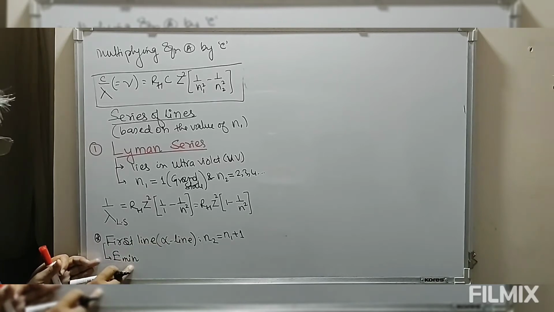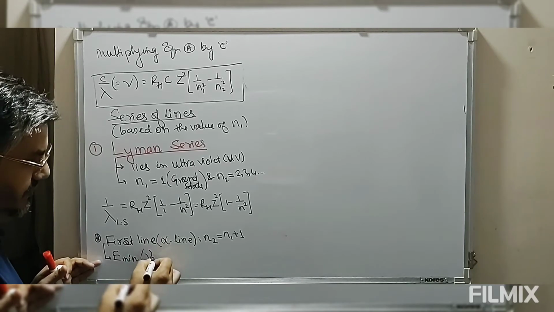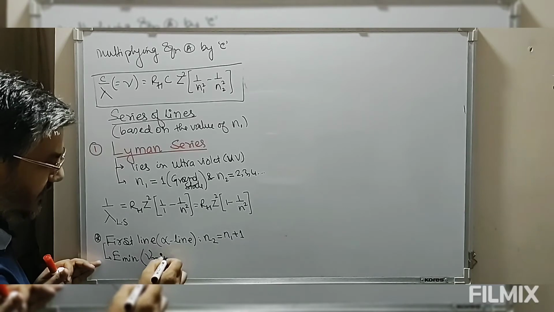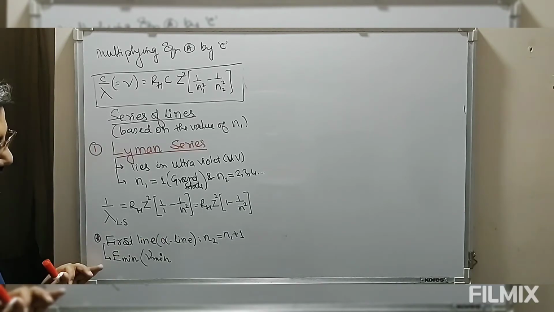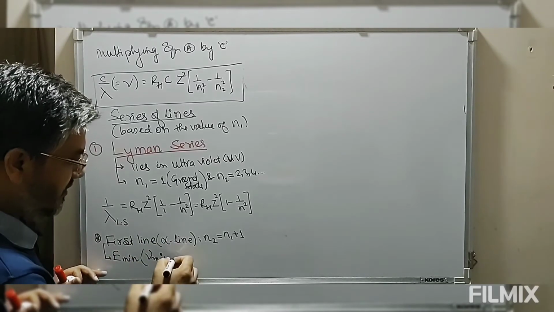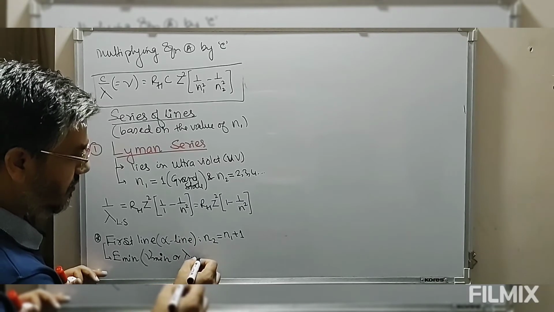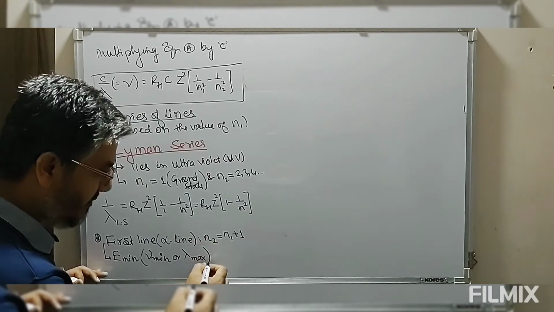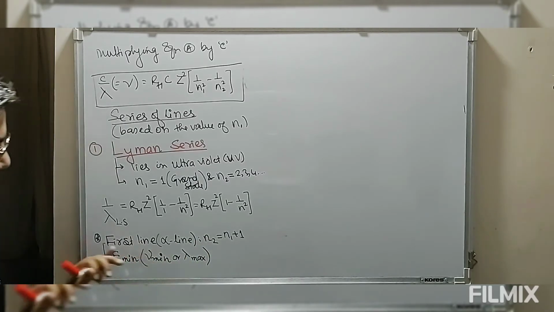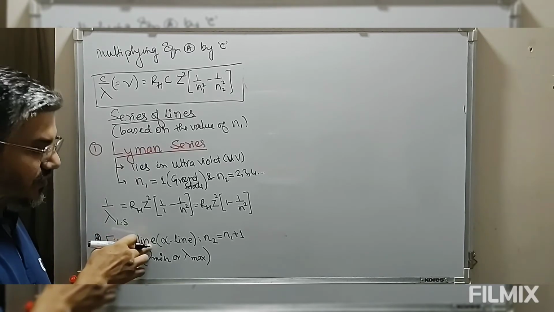If the energy is minimum, then the frequency will be minimum, because energy is directly proportional to frequency. If frequency is minimum, then the wavelength will be maximum. So the maximum wavelength transition, or the minimum frequency transition, or the minimum energy transition, is nothing but the first line of transition or the alpha line.